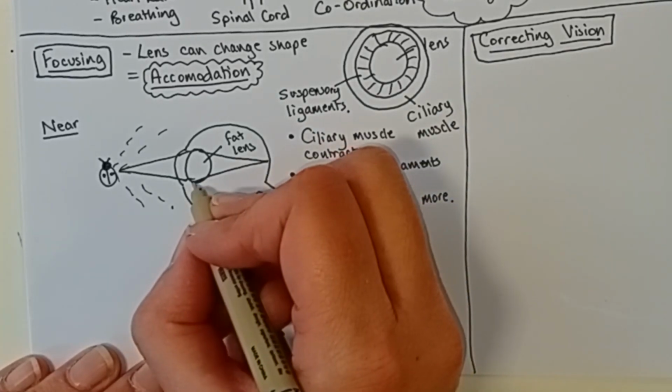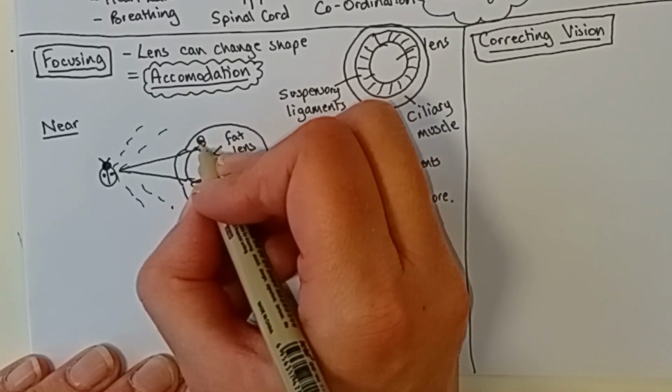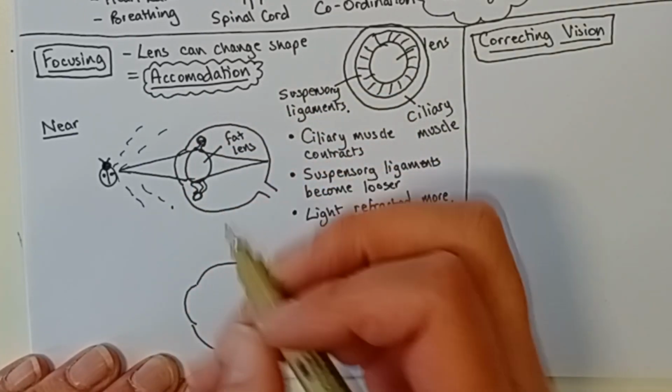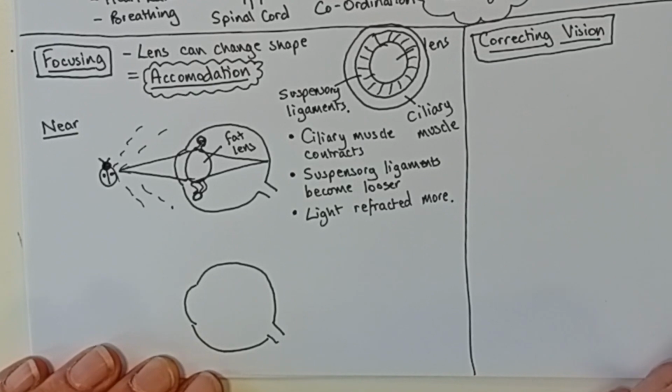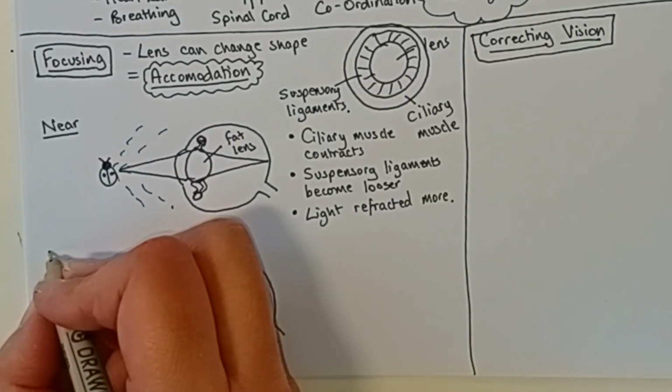So if the lens is fat, the suspensory ligaments are loose, drawn wobbly, and the ciliary muscle is contracted, it's closer.